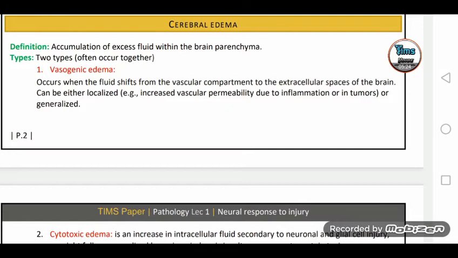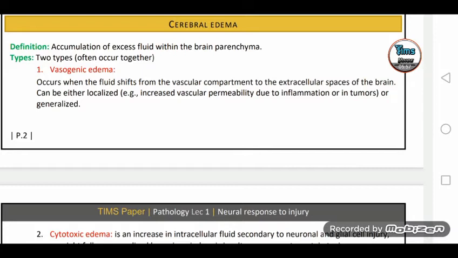So in this type, physiogenic edema, the issue starts from the blood vessels, so that the fluid can move from inside these blood vessels to the extracellular compartment of the brain, causing a swelling. So it can be localized, as an increased vascular permeability due to inflammation or tumors.